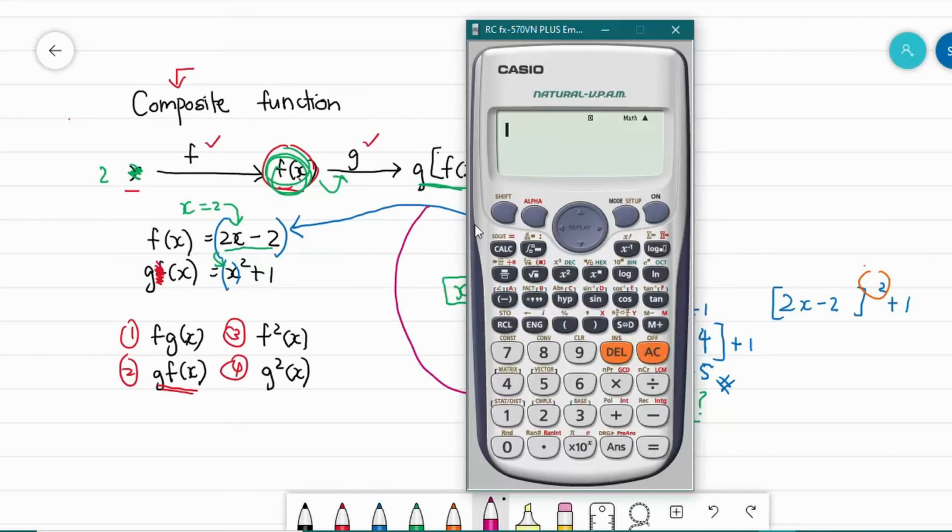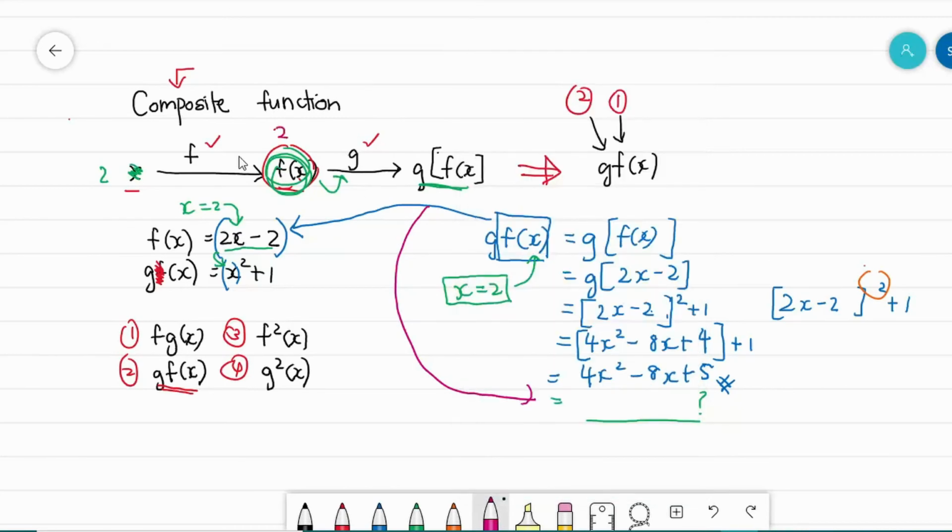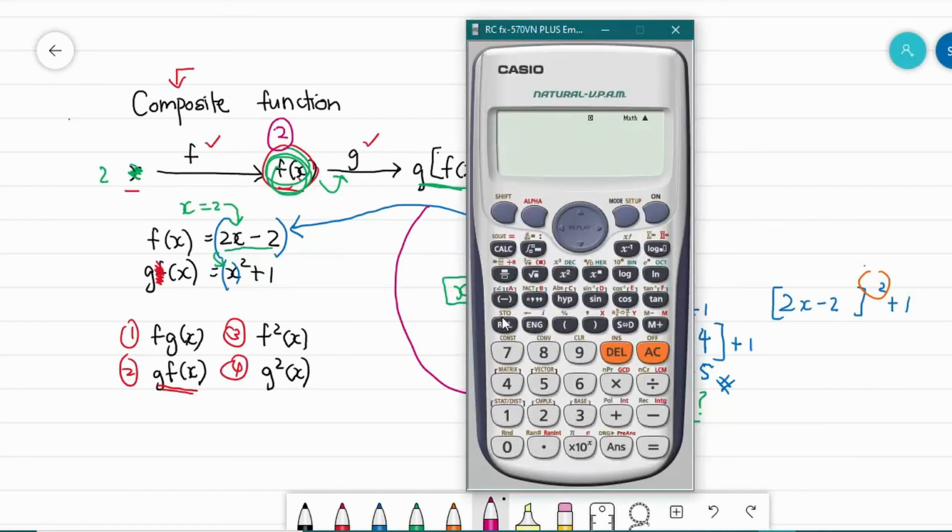So now this number 2 is actually the 2 after the function of f. Now let's try 2 squared plus 1, so 2 squared plus 1 is also equal to 5. So you can confirm that your answer is correct.